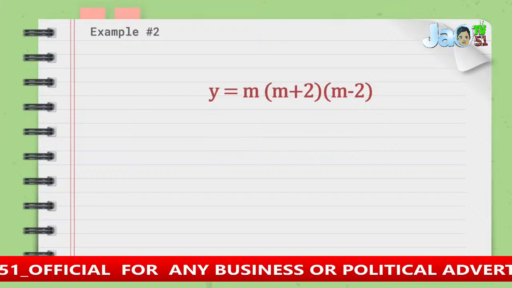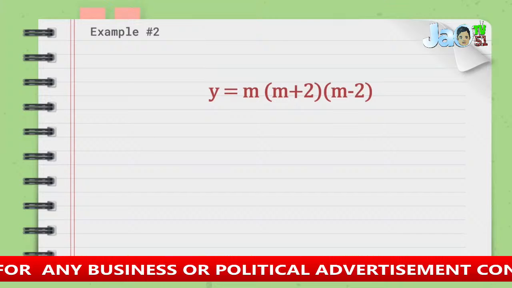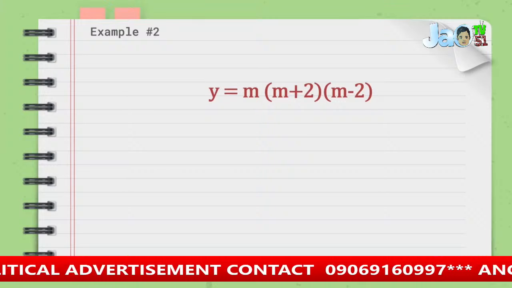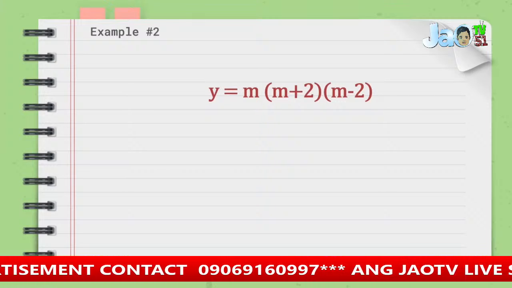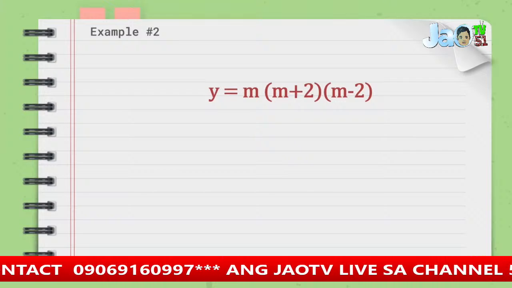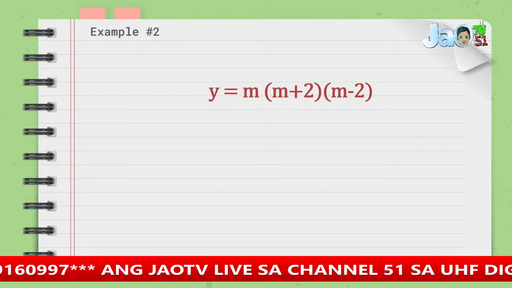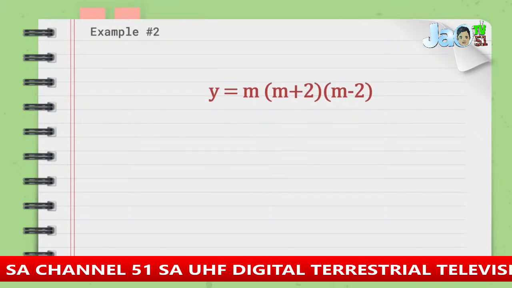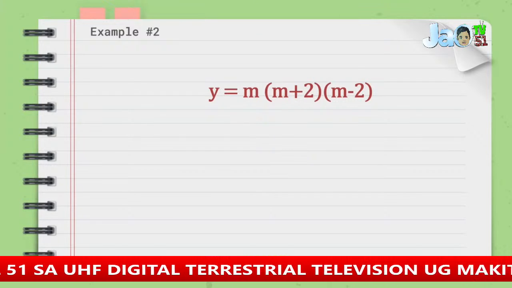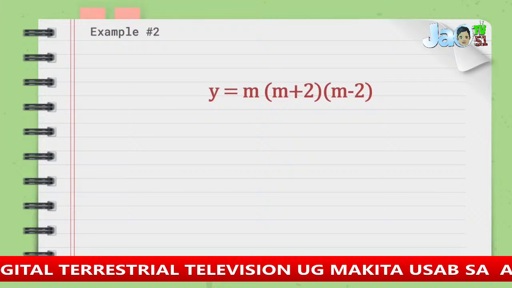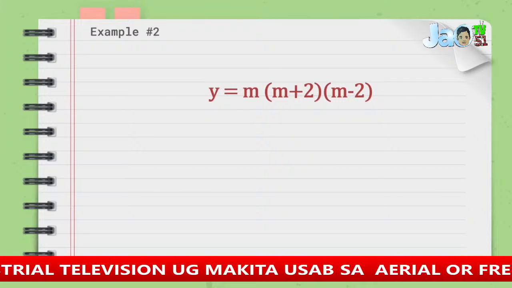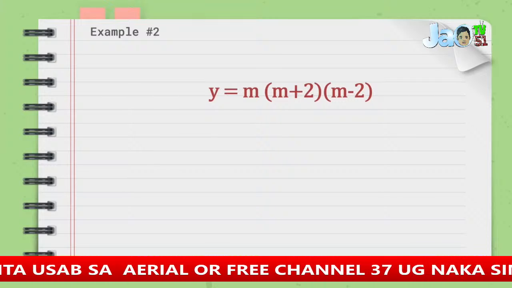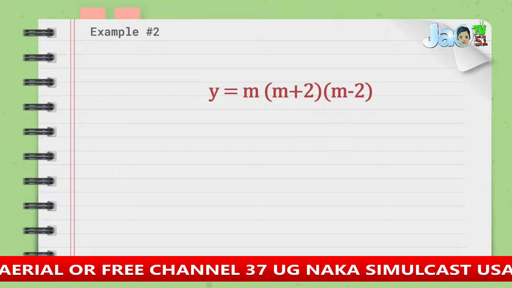If the function is written in factored form, to rewrite it to standard form, you must find the product first. Here, you are going to use your prior knowledge in multiplying monomials and binomials, and others. Example: y equals m times the quantity of m plus 2 times the quantity of m minus 2.